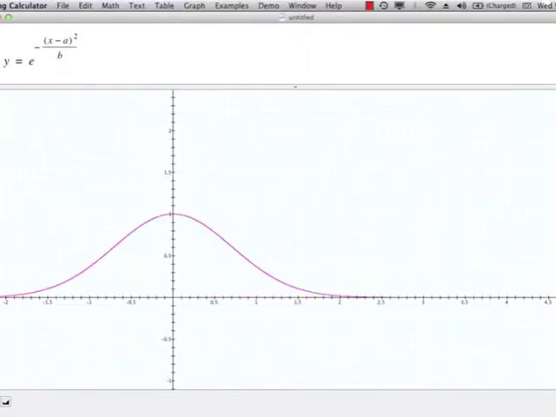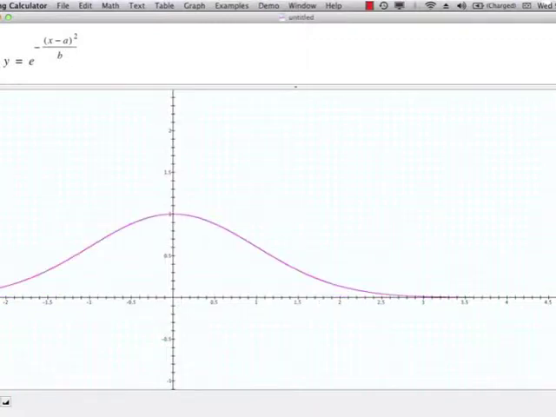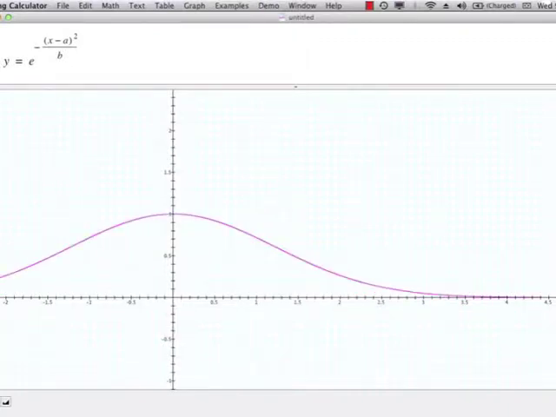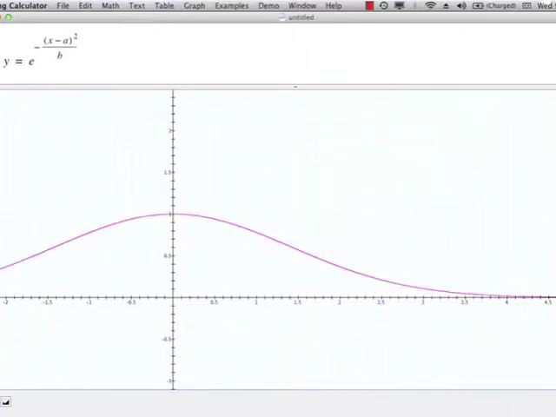So let's change it to 0. What's b going to do? If I make b 2, what's going to happen? Well, maybe it was hard to see. I see what's happening. As I make b larger, it flattens out.